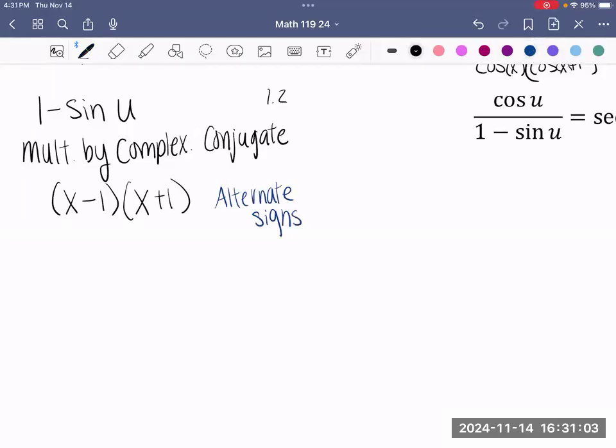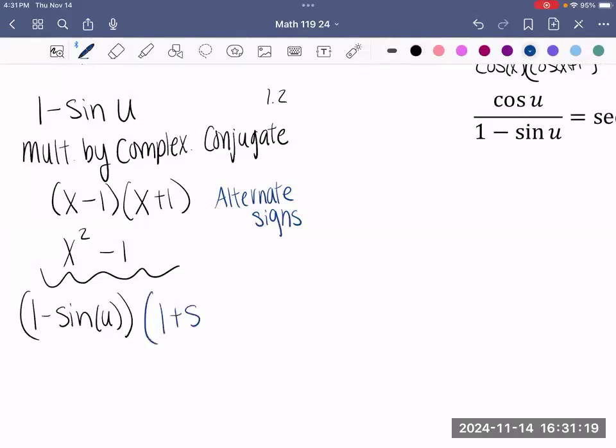Therefore, when you FOIL it out, you'll end up with x squared minus 1. So if we have 1 minus sine of u, we can alternate and multiply by 1 plus sine of u. Therefore, we can get 1 minus sine squared of u. And again, this is just coming from FOILing.